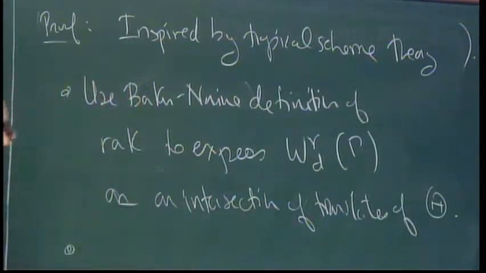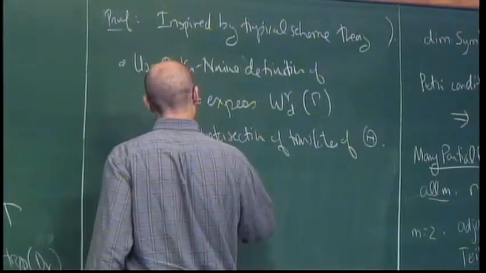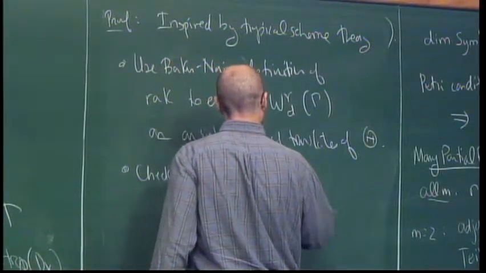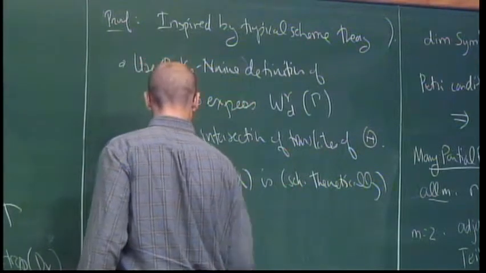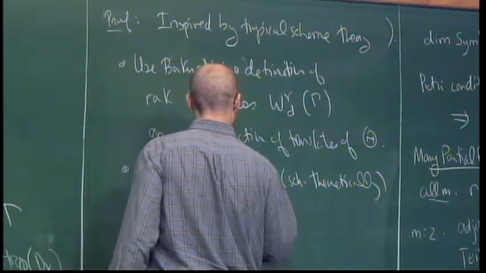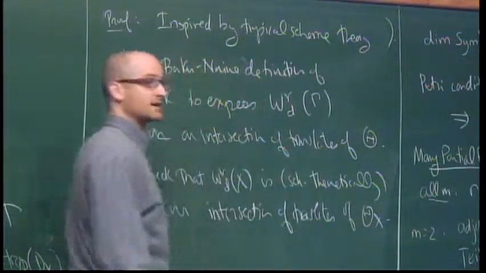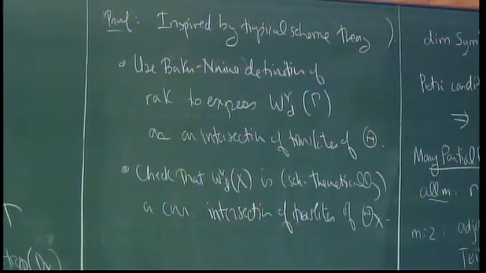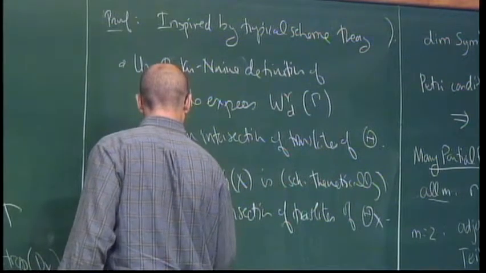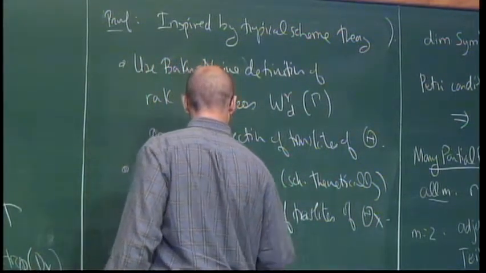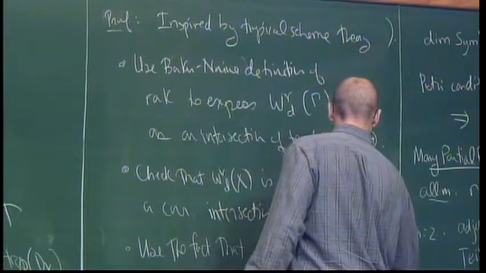And then there's something to check on the algebraic geometry side, which is to check that WRD of X is scheme theoretically a corresponding intersection of translates of the theta divisor on the Jacobian of X. So now we have a correspondence between these two pictures, and we need to use the fact that the skeleton of the Jacobian of X is the Jacobian of gamma.